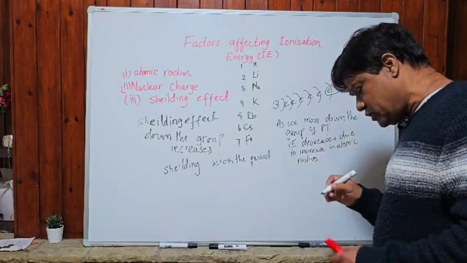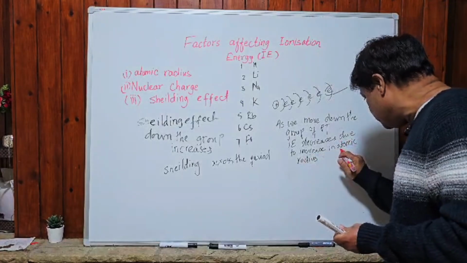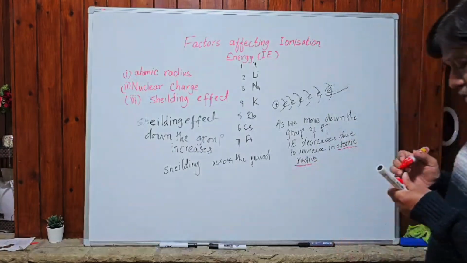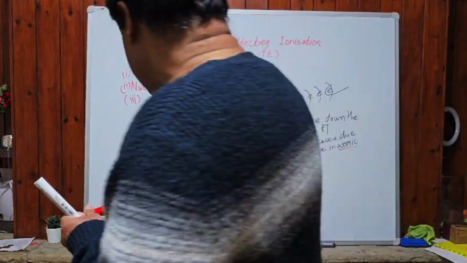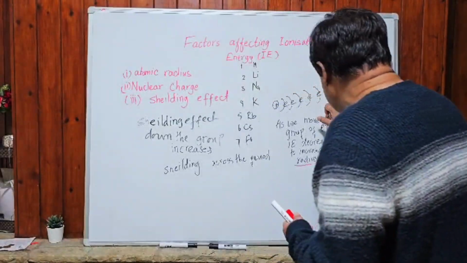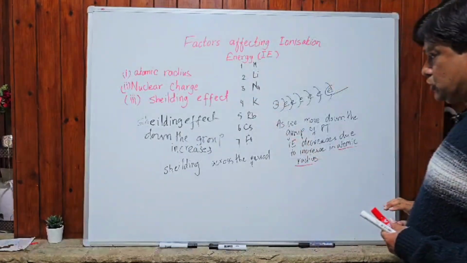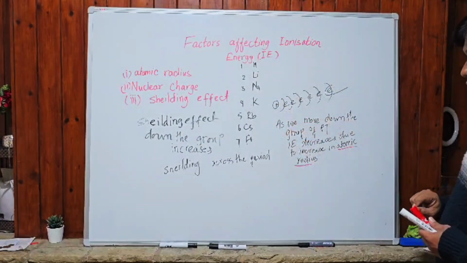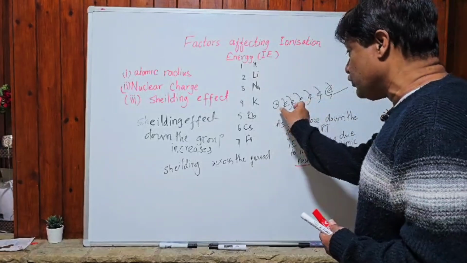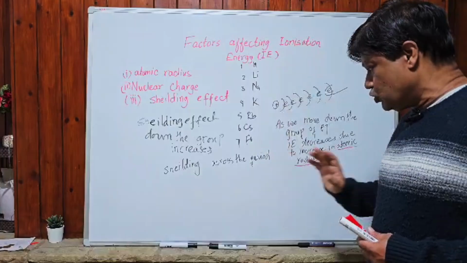Why does atomic radius increase? Due to increase in number of shells. I want to highlight these points. Ionization energy decreases down the group due to increase in atomic radius. Meaning, to remove these electrons, we have to give a small amount of energy compared to these two electrons. They need more energy because of the force of attraction. So ionization energy decreases down the group.